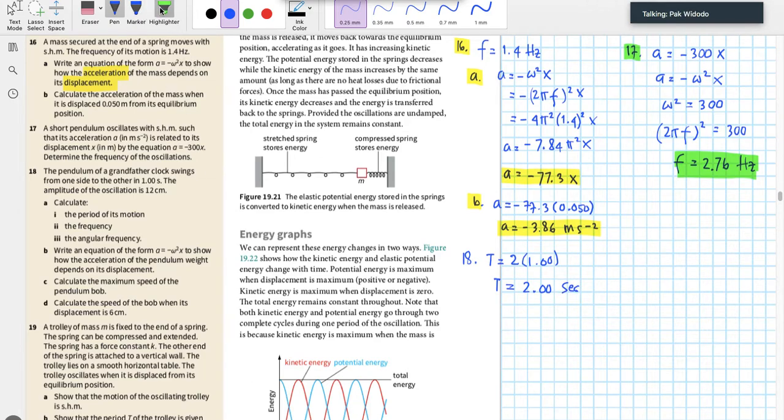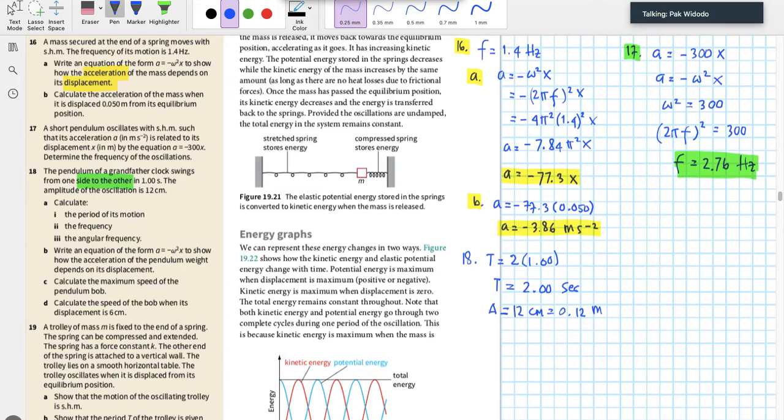Because this is from side to side, it is the same as a half period. The amplitude of oscillation is 12 centimeters, or 0.12 meter. This is the amplitude.